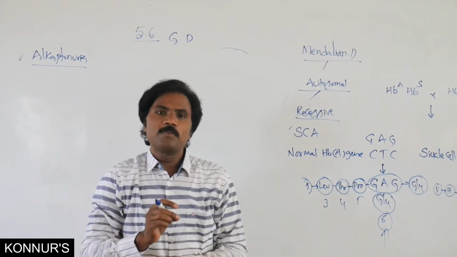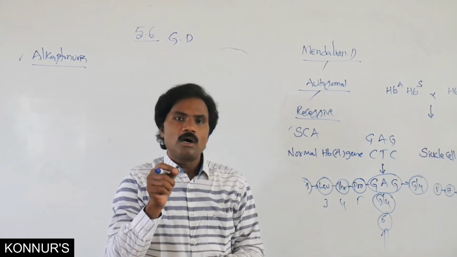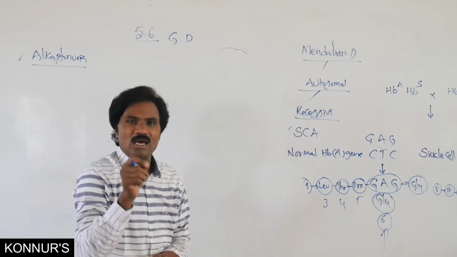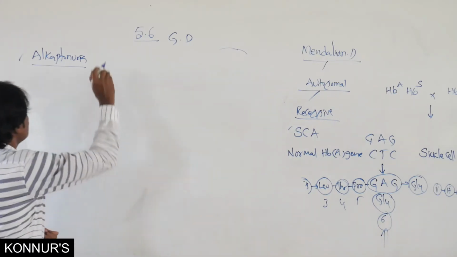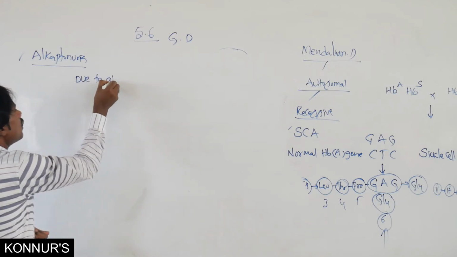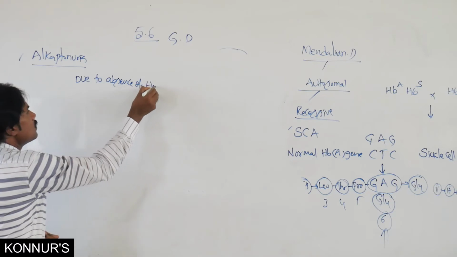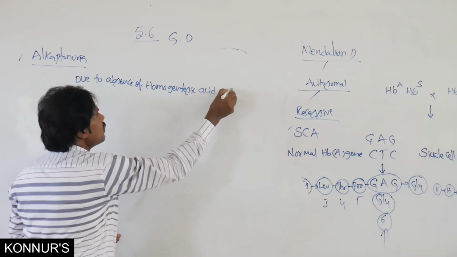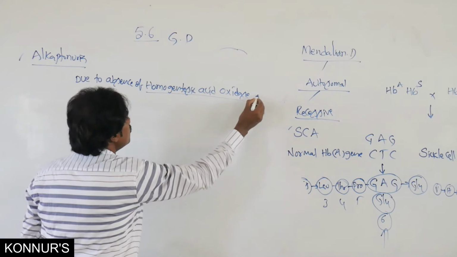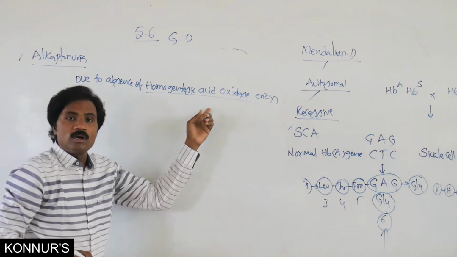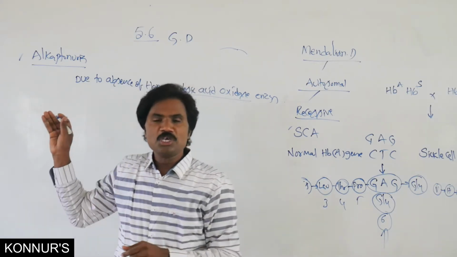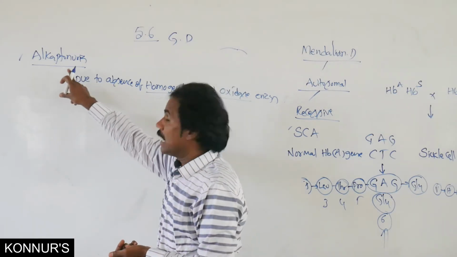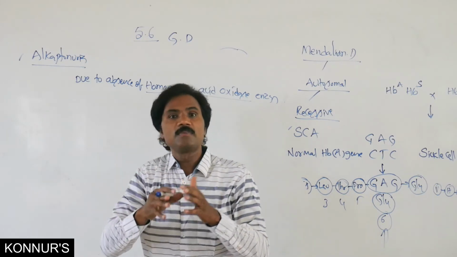In alkaptonuria, due to absence of one particular enzyme, homogentisic acid oxidase, whenever there is a genetic mutation and this enzyme is absent, the alkapton is not broken down, though normally this enzyme must break it down.